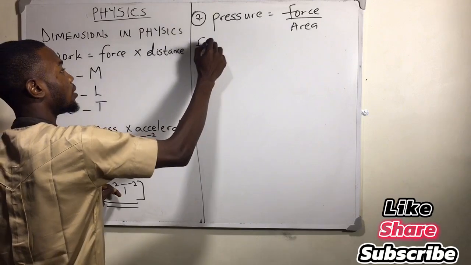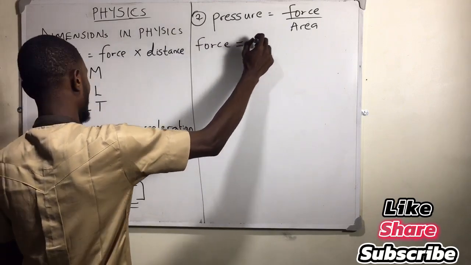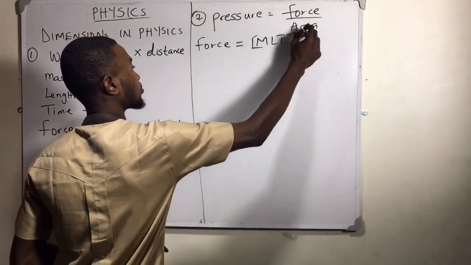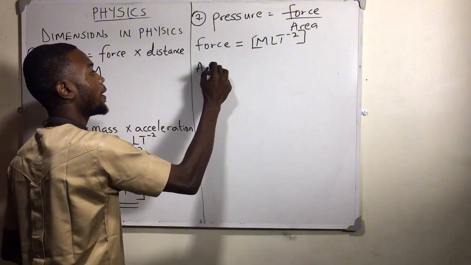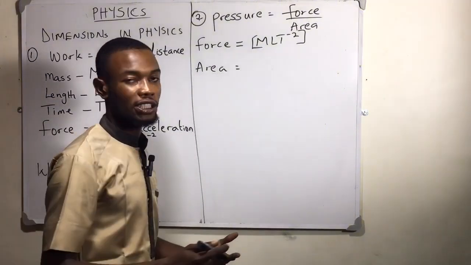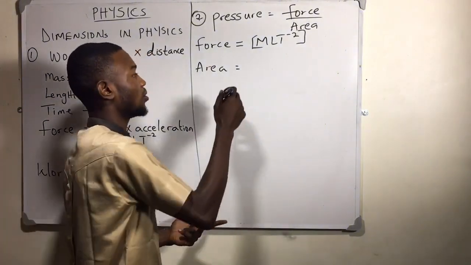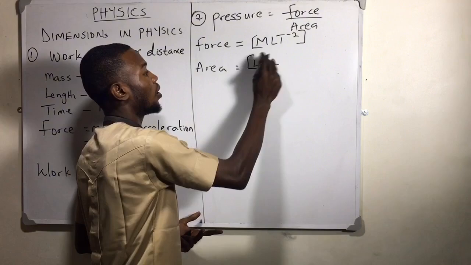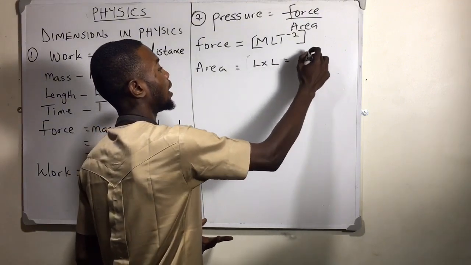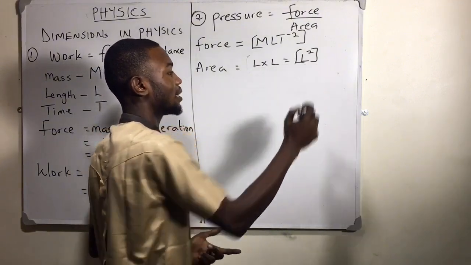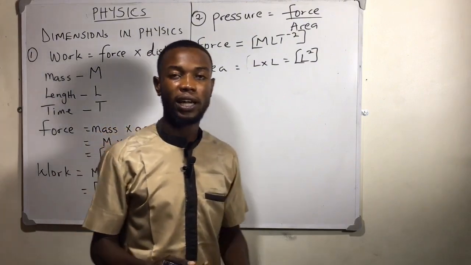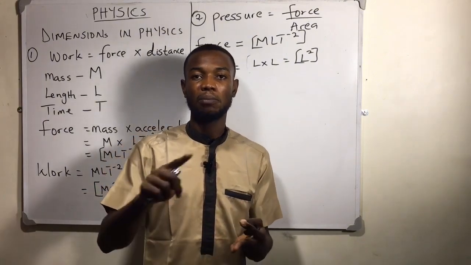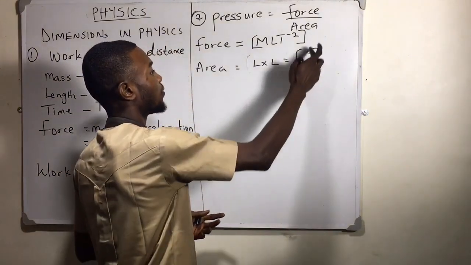So we have the dimension for force to be equal to MLT raised to the power of minus 2. As for area, area is length times length. So it's talking about distance, length times length. Altogether, we are going to have length squared. That is why anytime you calculate for area, you always have it in meter square, centimeter square, millimeter square. So that's why we have L squared.